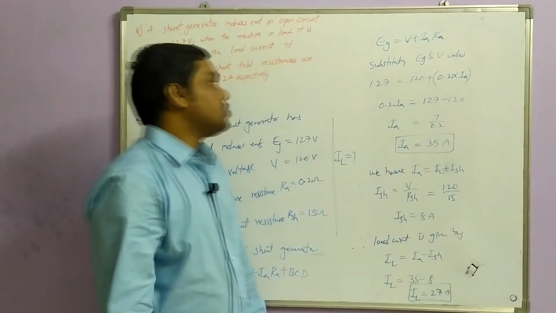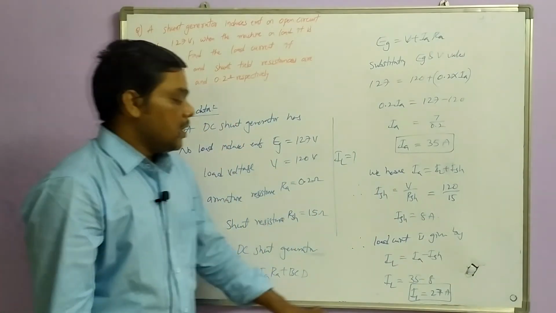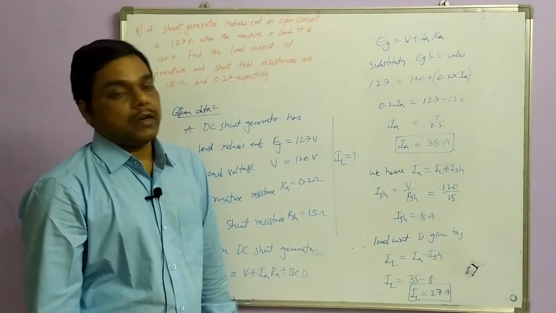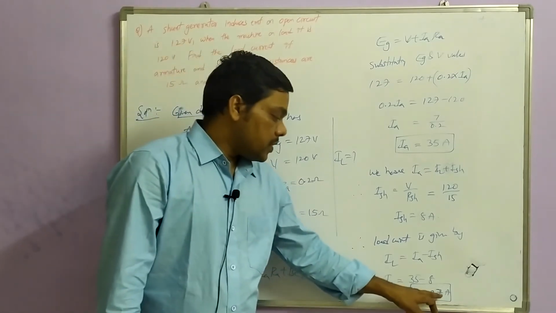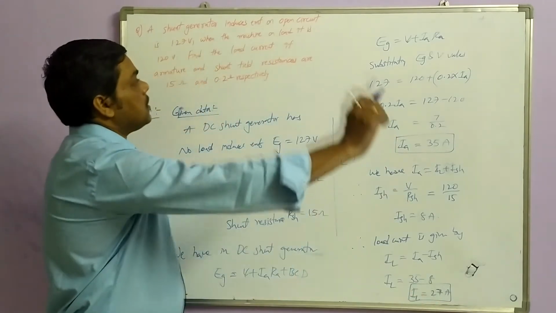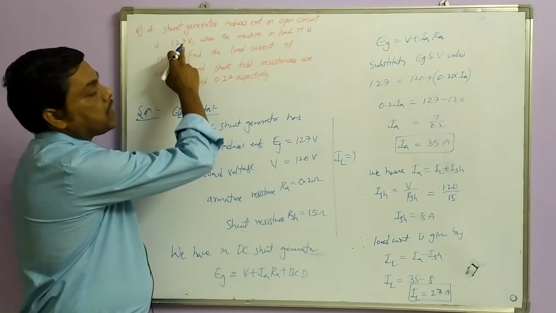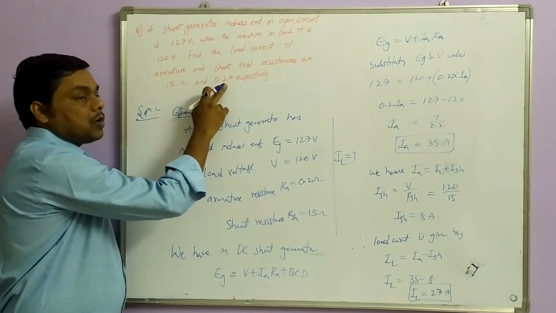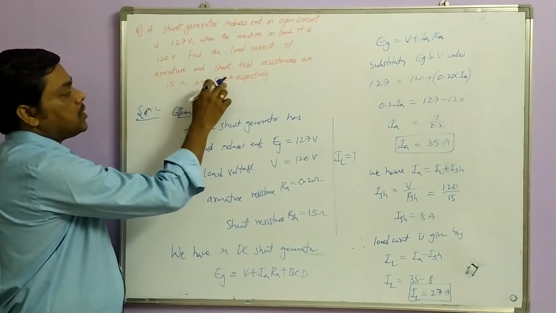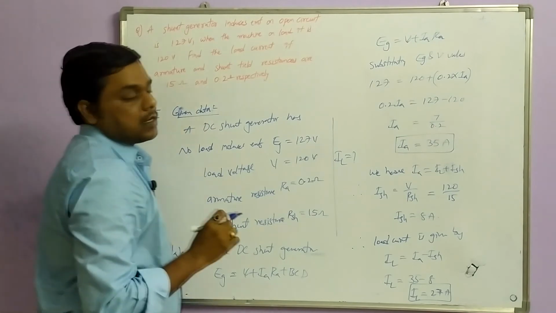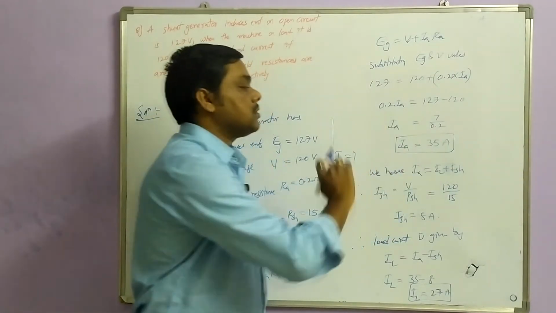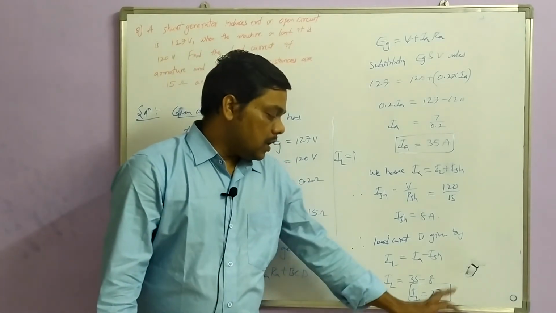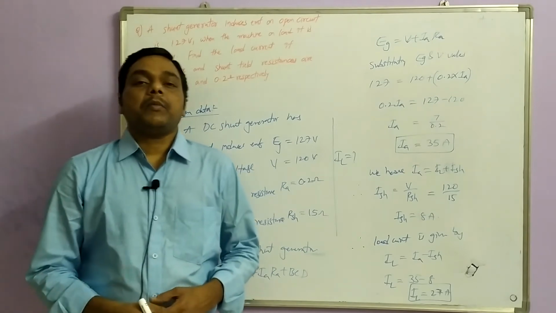Now this is the solution for a simple problem in terms of armature current and shunt current. The load current is 27 amperes if the generated EMF is 127 volts and the load voltage is 120 volts, with 0.2 ohms as armature and 15 ohms as shunt resistance. The armature current is 35 amperes. So the solution is very simple. IL is equal to 27 amperes.